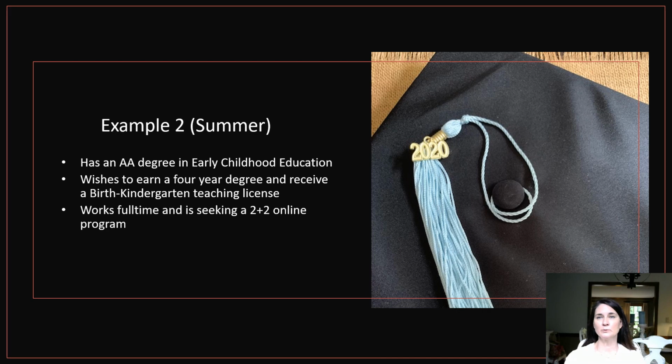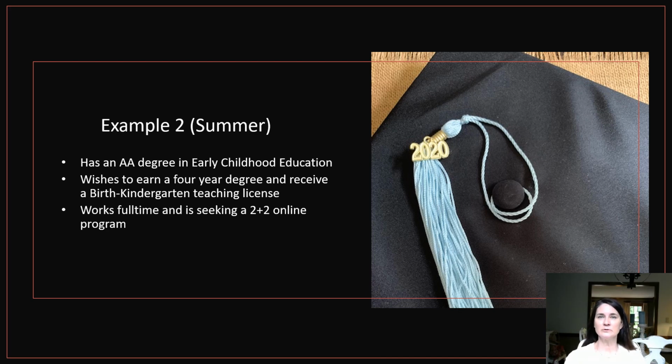Because Summer works full-time and is also supporting a family, she will have to do this program online. She knows to achieve her goal of attaining that 4-year degree and working full-time, it will take a lot of extra time and effort. Before she moves forward, she wants to map out this process very carefully.